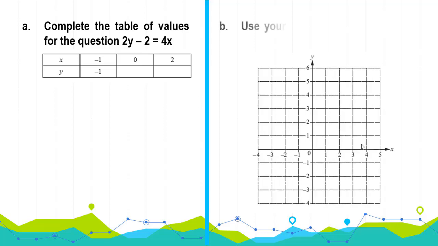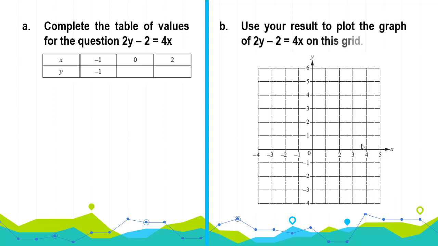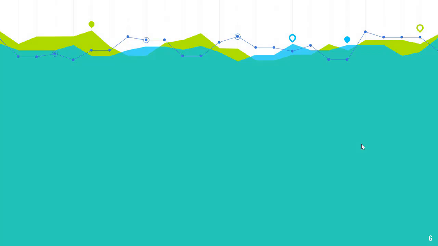Use your result to plot the graph of 2y minus 2 equals 4x on this grid. Answer.